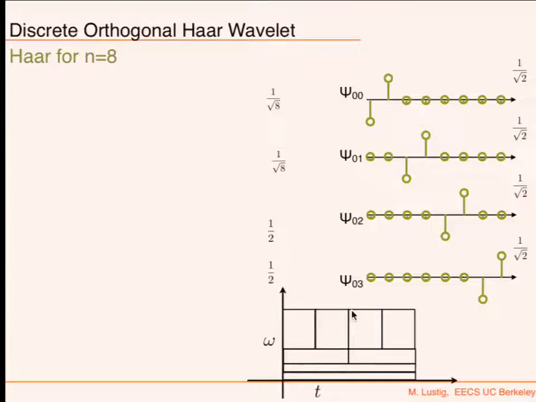It represents mostly information from pi over 2 to pi, right? If I needed more resolution in frequency, I will need more support. That would reduce my resolution in time. But for the highest frequency, we don't care so much about the frequency resolution as much as we care about the time resolution. Okay? So what will be then the second scale?